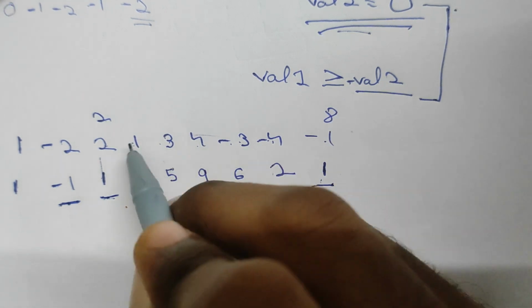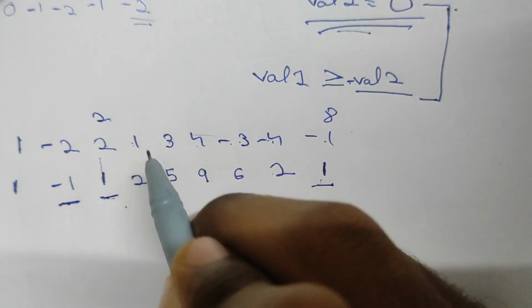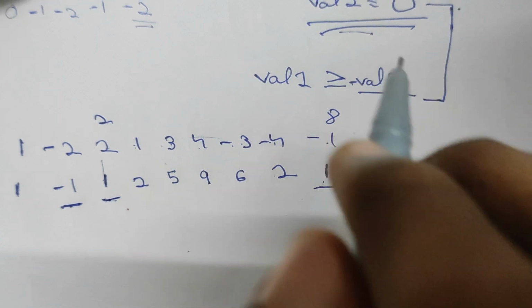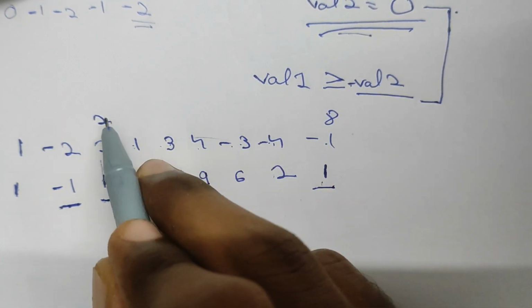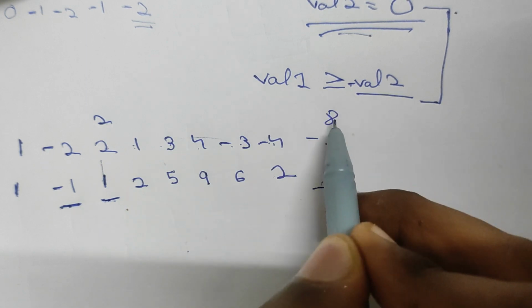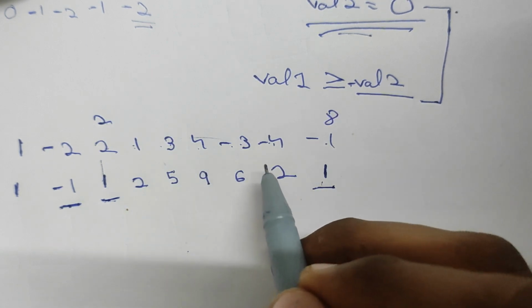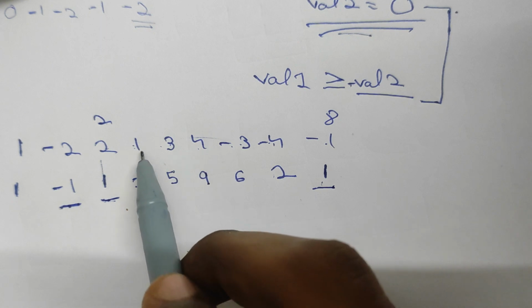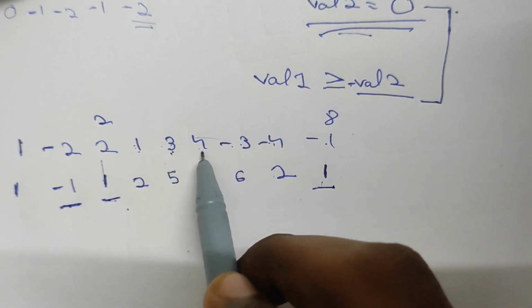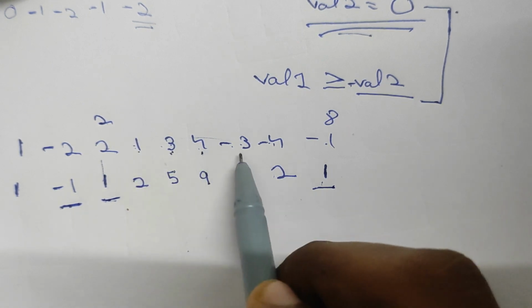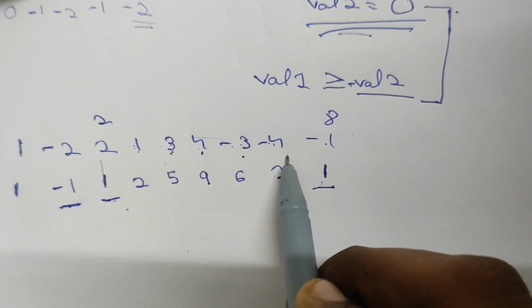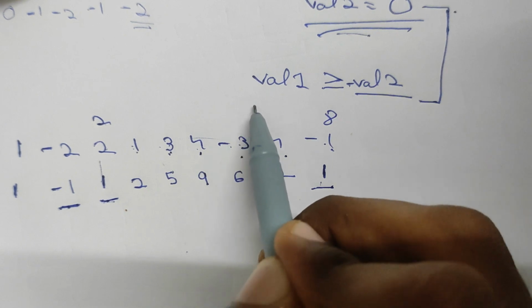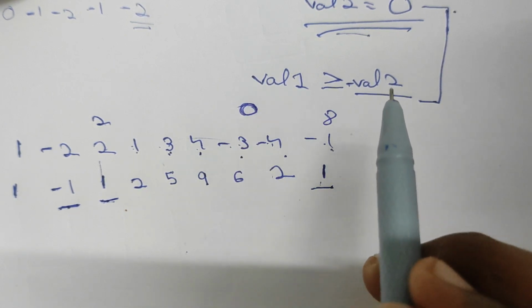If you take the total sum in between this index and this index, and we have to include this index as well, the total sum will be equal to 0. 1 plus 3 is 4, 4 plus 4 is 8, 8 minus 3 is 5, 5 minus 4 is 1, 1 minus 1 is equal to 0. So we got the sum equal to 0.